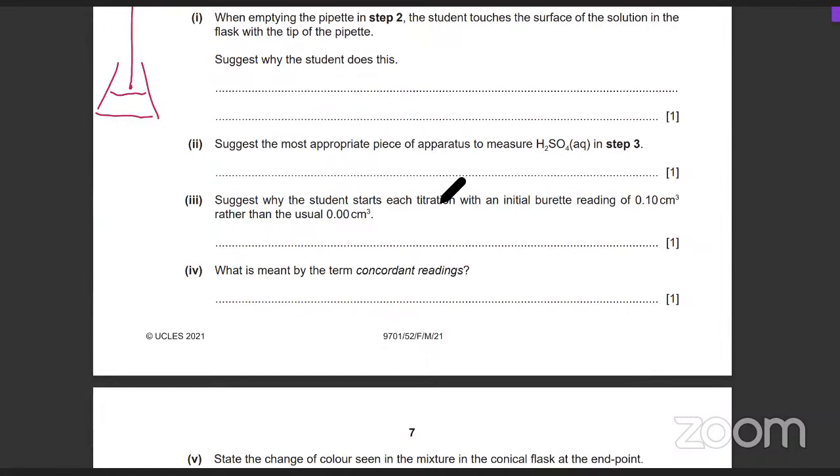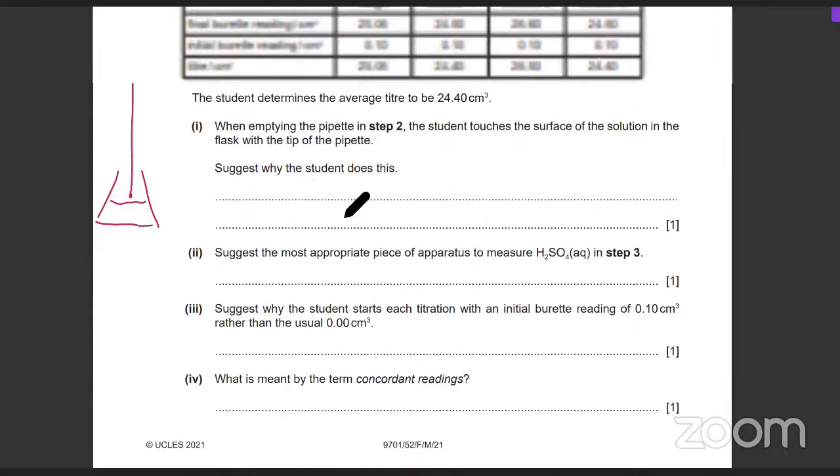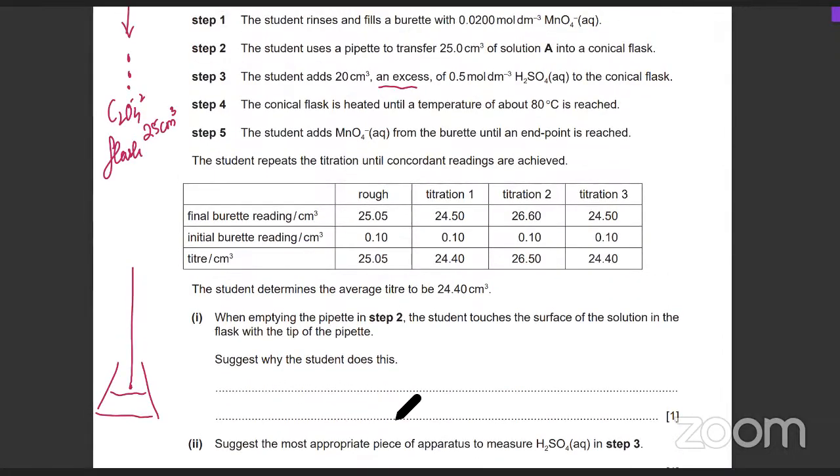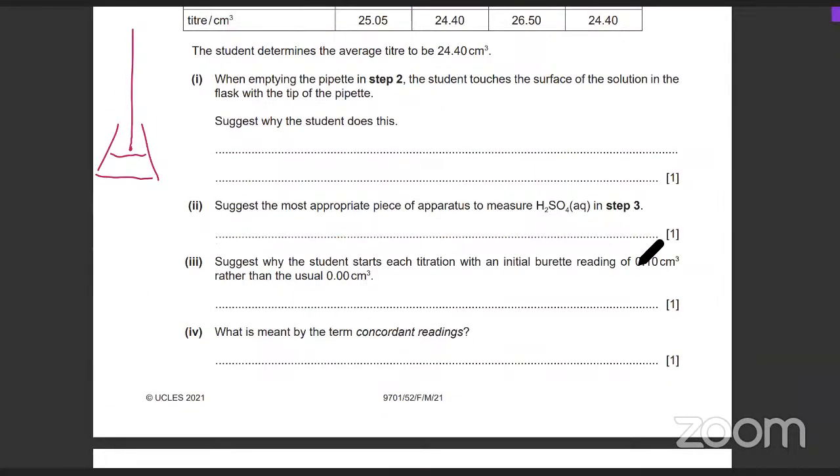Suggest why the student starts each titration with an initial burette reading of 0.1. This is important. Remember, imagine this is the burette. It has KMnO4.